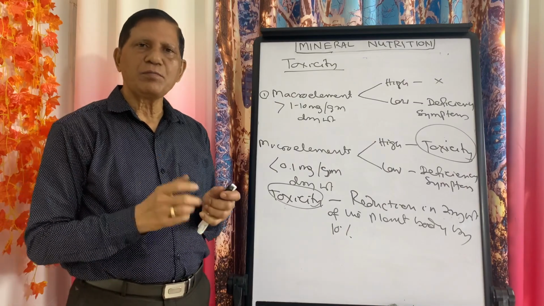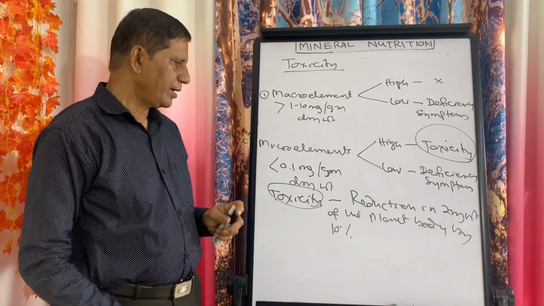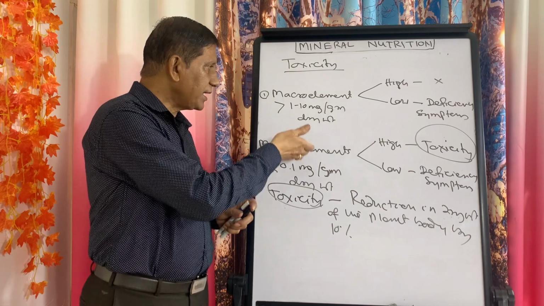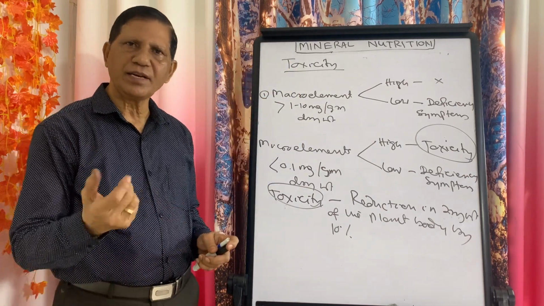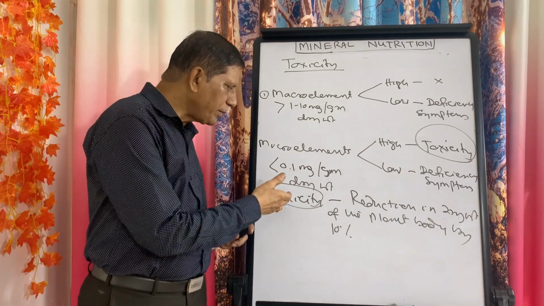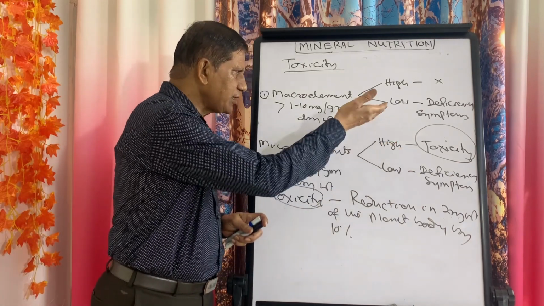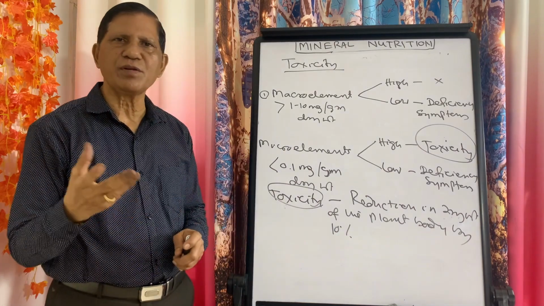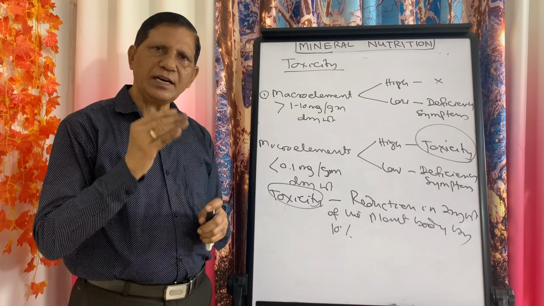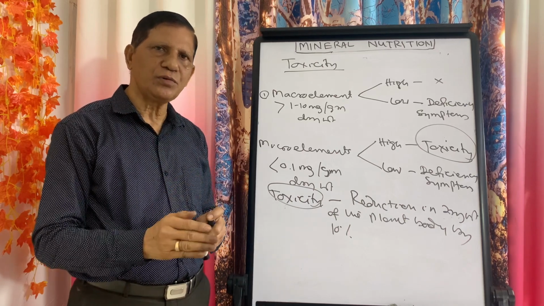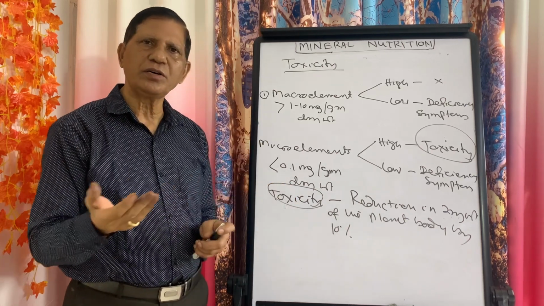But here one problem arises. In the case of deficiency of macro and micro elements, some symptoms are there. Now when there is toxicity due to the excess quantity of micro elements, some symptoms will also be there. So how can we know whether a particular symptom is due to toxicity or due to deficiency?